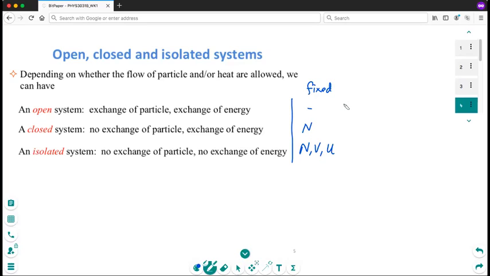So why do we care about this? Maybe this is for the advantage of those students who have taken the 4000-level statistical mechanics. You might already smell this. In statistical physics, you talk about different ensembles. An open system, just for your reference, don't worry too much, at least you should know the name, is called the grand canonical ensemble.